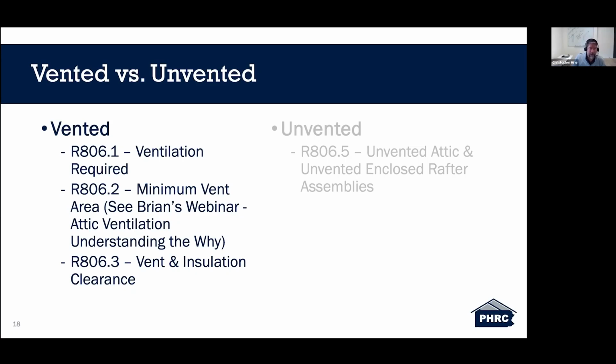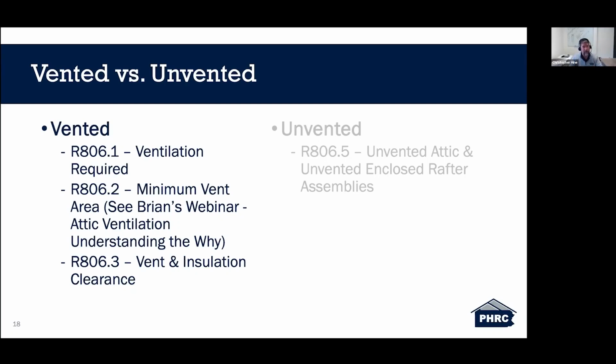I'm not going to cover that in today's webinar, but Brian Wolfgang did a webinar in our last webinar series entitled Attic Ventilation, Understanding the Why. You can check that out on our website. It is recorded, so you can take a look at it if you are interested in understanding how to figure out what that minimum vent is for attics. And then 806.3, vent and insulation clearances, which I will talk about here today.